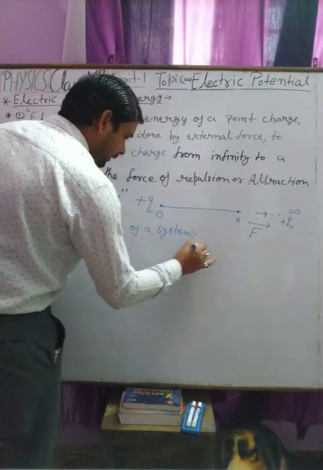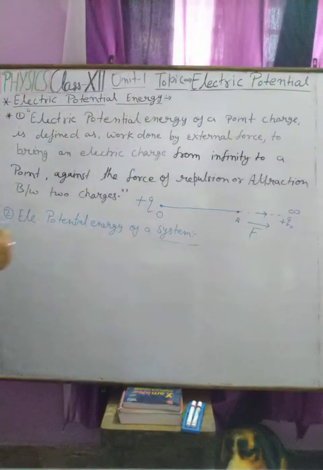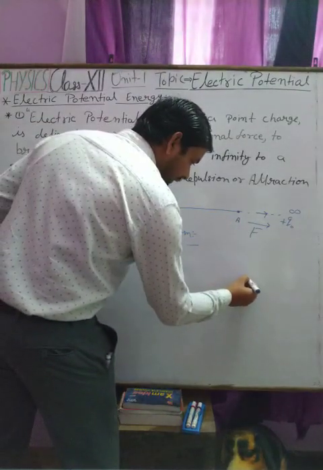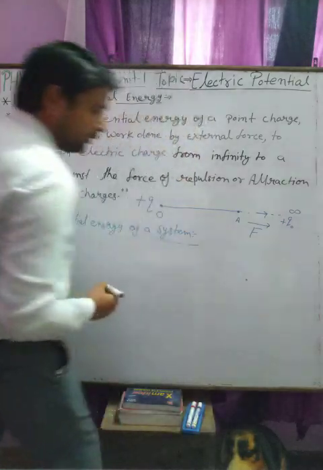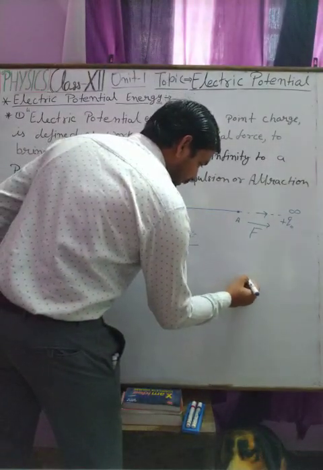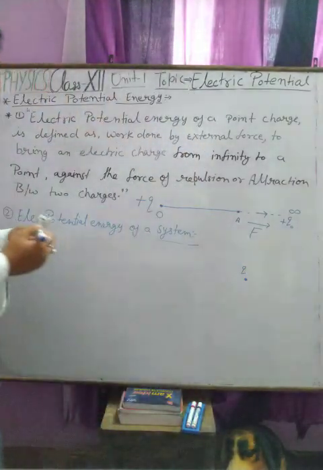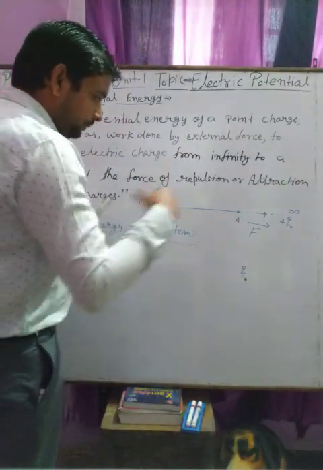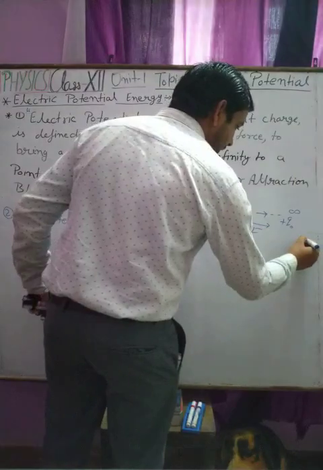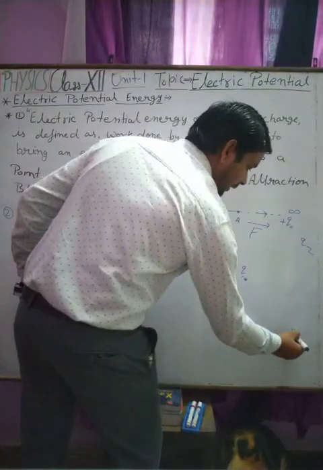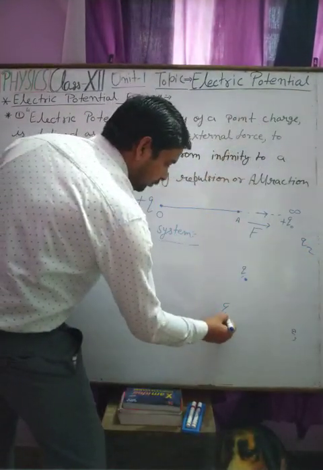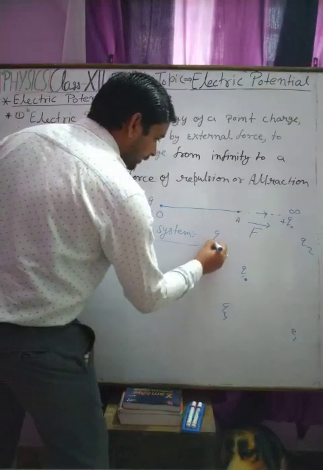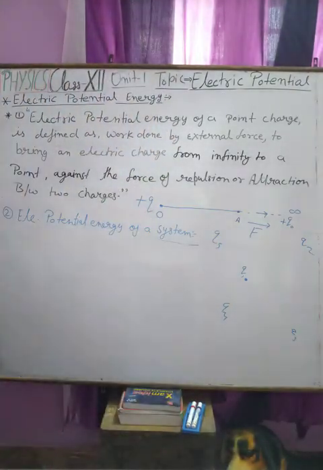Okay student, now we understood this first. Suppose we have a charge at this point, suppose it be Q or Q1. Now we have the other charges Q2, Q3, Q4, Q5, like this.